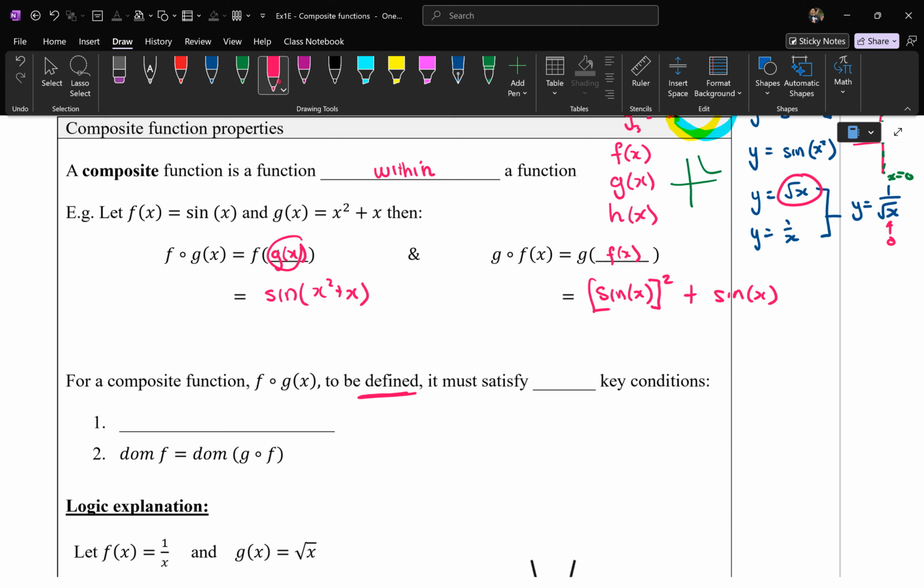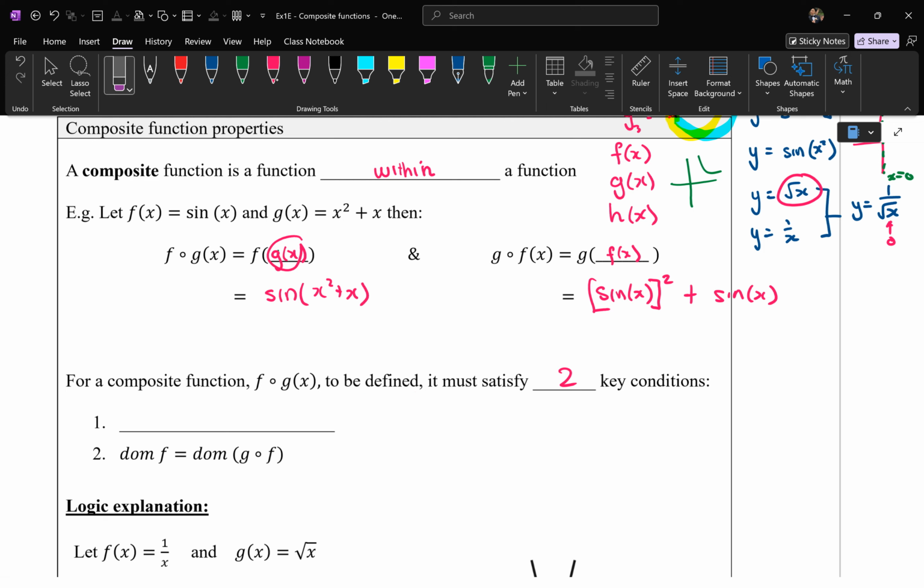You put in x, which is a number, and then there's a y value once you calculate it. If it can't spit out a number, it means there's an error somewhere, okay? So that's what they mean by defined. It must satisfy, and how many conditions? There are only two. Two key conditions. The first condition is the most important one. Okay, and this one is in your notes when you're writing in your exams, you always got to define it.